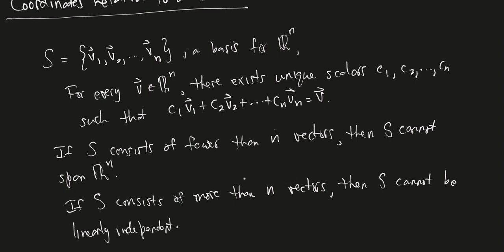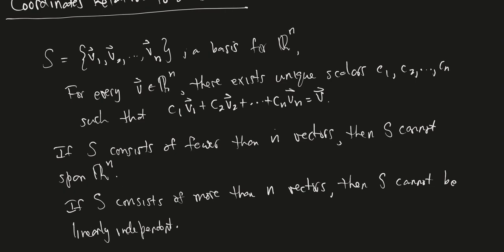Well, when you set up your coefficient matrix, you would have more columns than rows, because you'd have more than n vectors. So instead of a 3 by 3 matrix, you would end up with a 3 by 4 or a 3 by 5. In that case, your nullity would be at least 1 or 2, so your nullity could not be 0. You would have at least one free variable, and therefore they can't be linearly independent because you'd have non-trivial solutions to our homogeneous system, right?